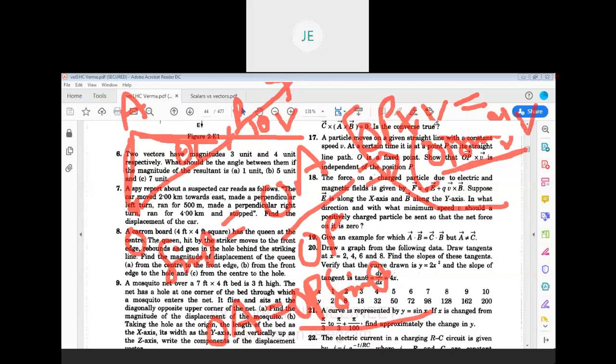So OP cross V is also fixed, and it is independent of the position P. Even if you take the position somewhere here also, the O point is here and OA is fixed. OA is fixed means OP sin theta is fixed. And V is already given, so OP sin theta into V, the total value, is fixed. So OP cross V is always fixed.